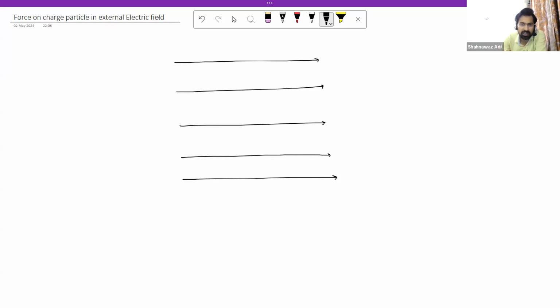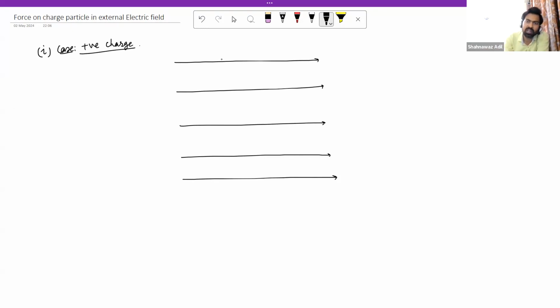You have an electric field, and in that electric field you have some charge. So what would be the force experienced by that charged particle? One case is a positive charge.